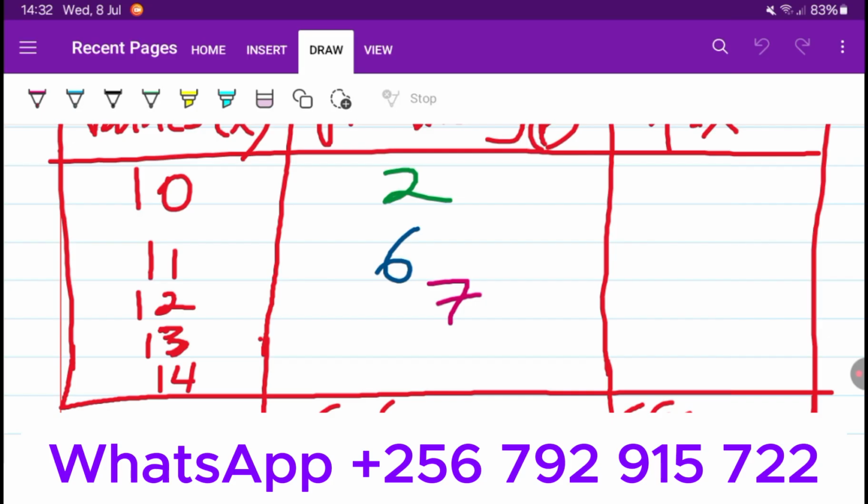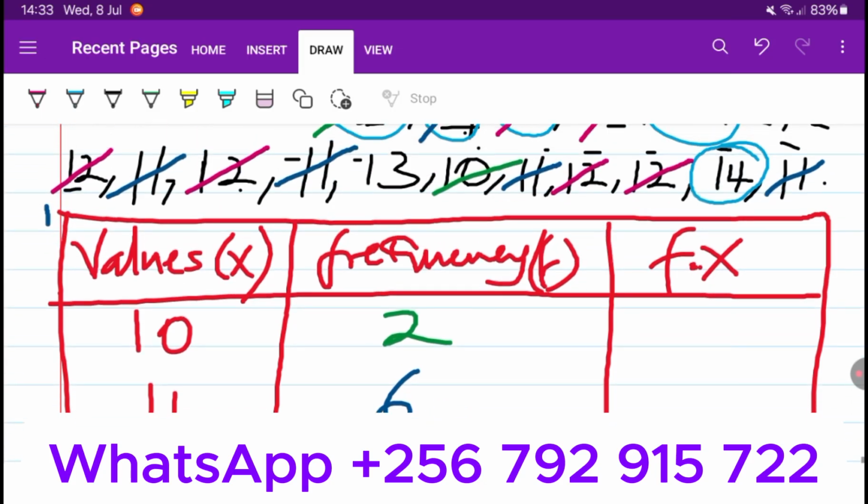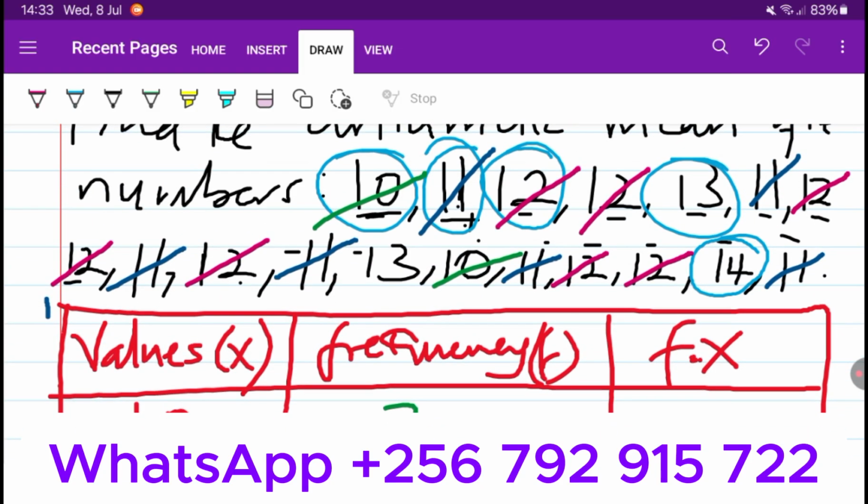Then we check 13. 13 appears 1, 2, so it appears twice. Then the 14 appears once.